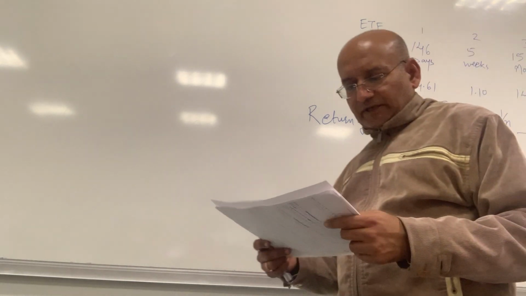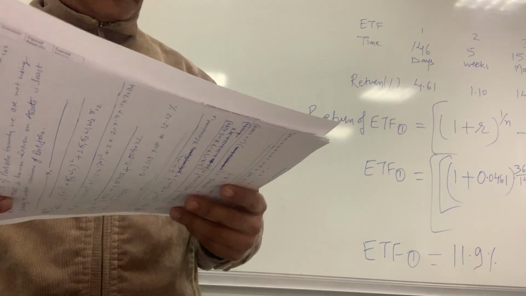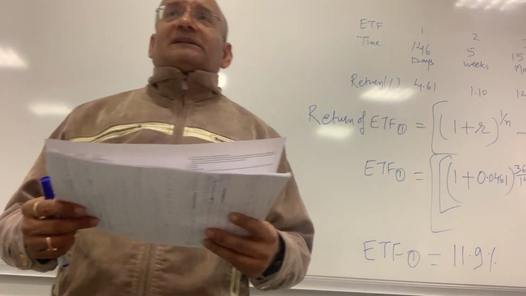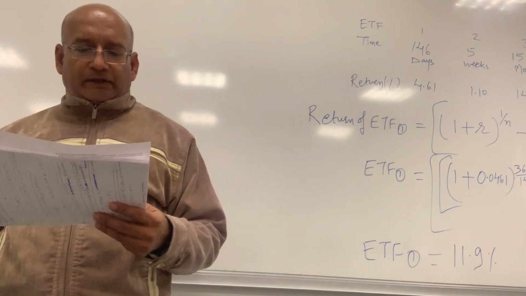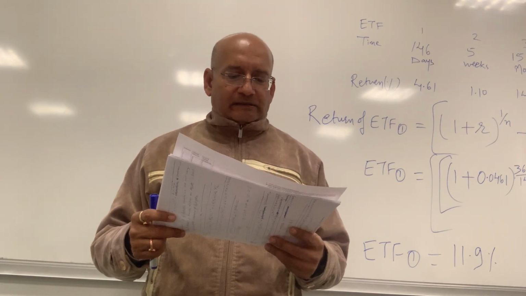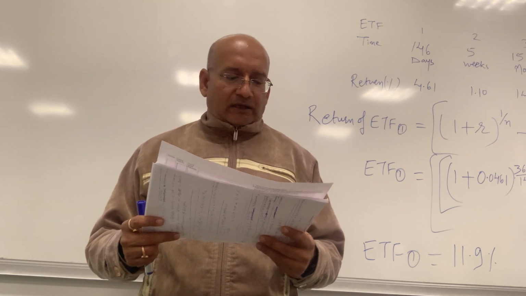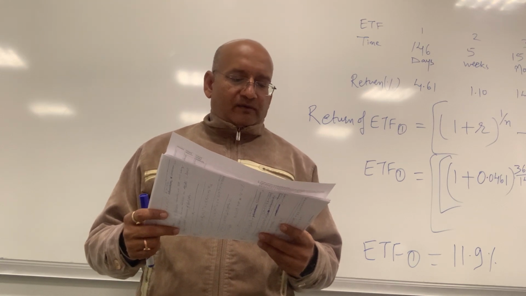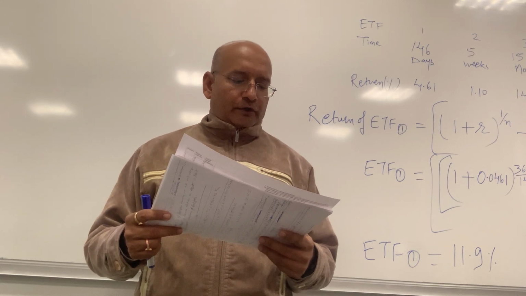Then come to the next question. Question number 6. With respect to capital market theory, which of the following asset characteristics is least likely to impact the variance of an investor's equally weighted portfolio?